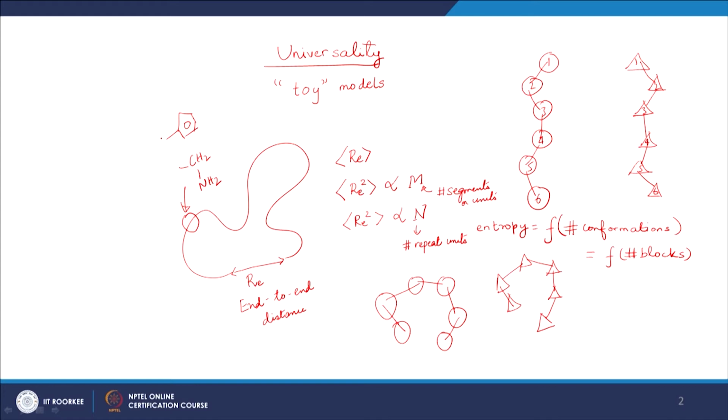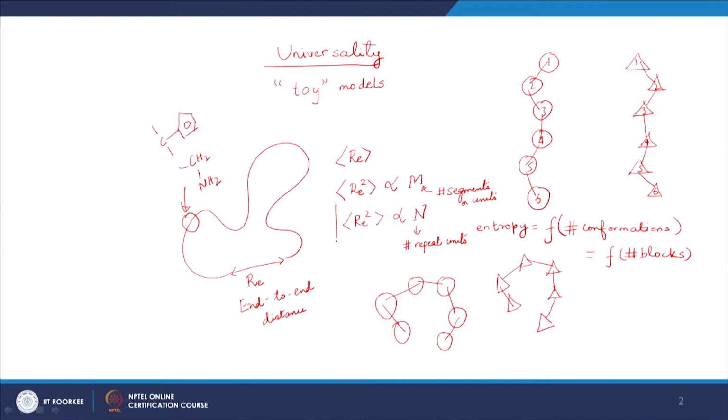It does not really matter to us how the polymer chain is being formed, as long as it possesses certain sets of features. For example, this is the behavior that we see in many polymer chains, which we refer to as the ideal chain behavior, and that we can also get from toy models.